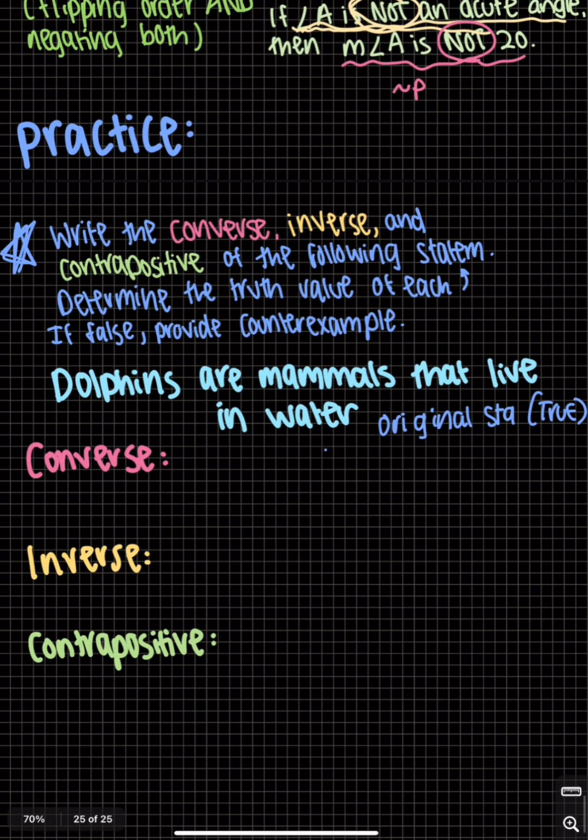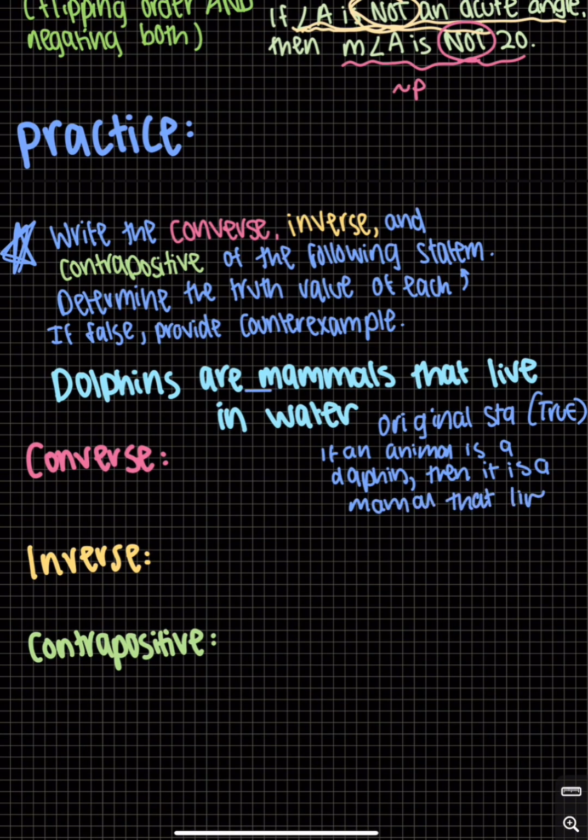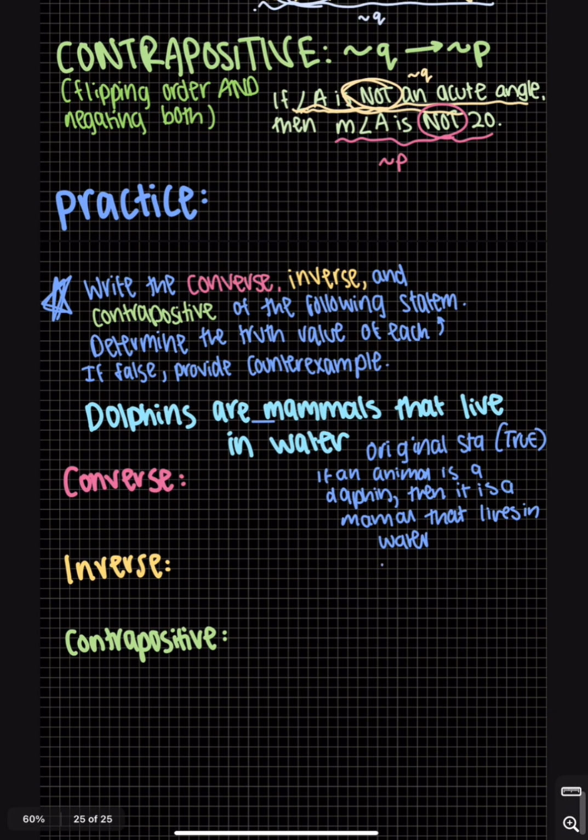So my statement is going to be that if an animal, any animal, is a dolphin, then it is a mammal that lives in water. While this wasn't asked by the question, this is important to write all the other statements, okay?